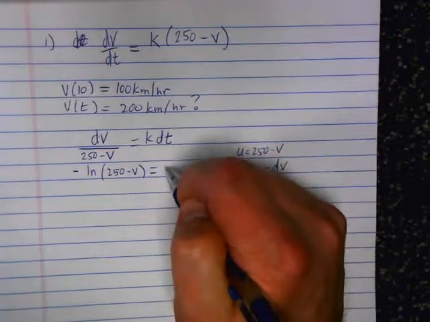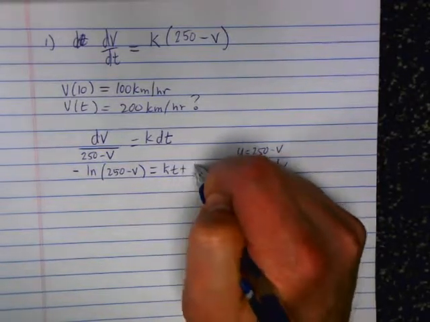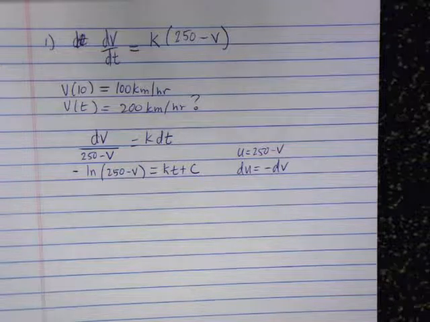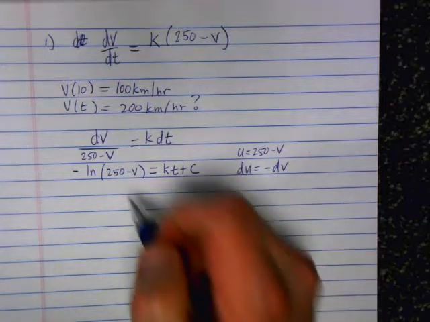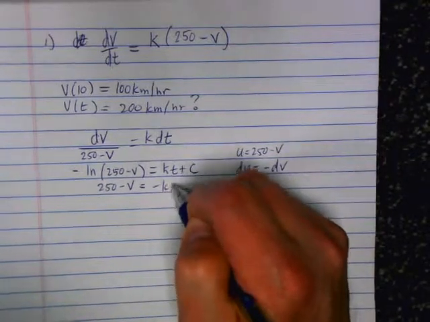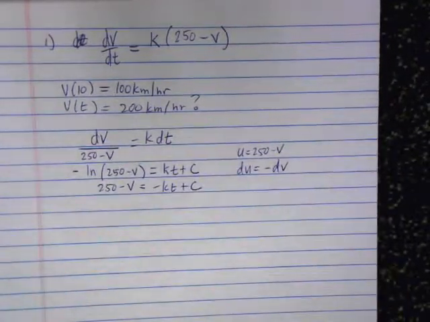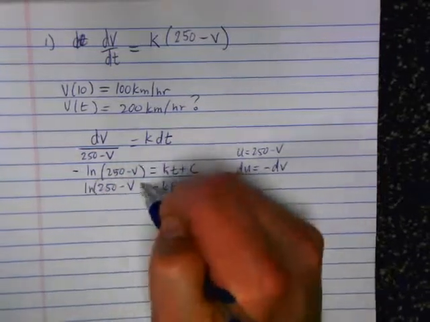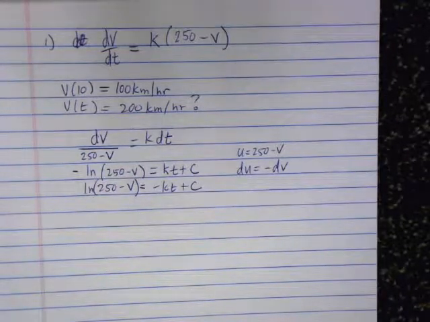Equals kt plus c. Negative ln of 250 minus v is kt plus c, so 250 minus v is... Either you've got an e on the right-hand side or... Now I'll put my e on the right.